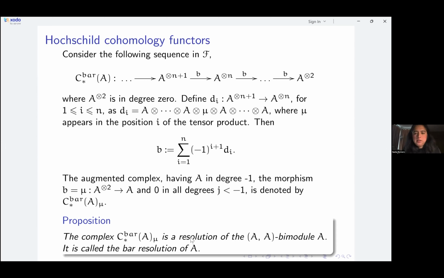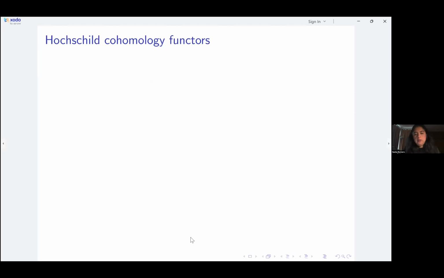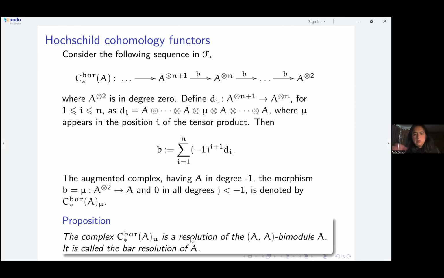Actually, there are recent articles that deal with Hochschild cohomology in monoidal categories and different settings. But what I like about this situation, again, is that we have these functors. As usual, this works in general.